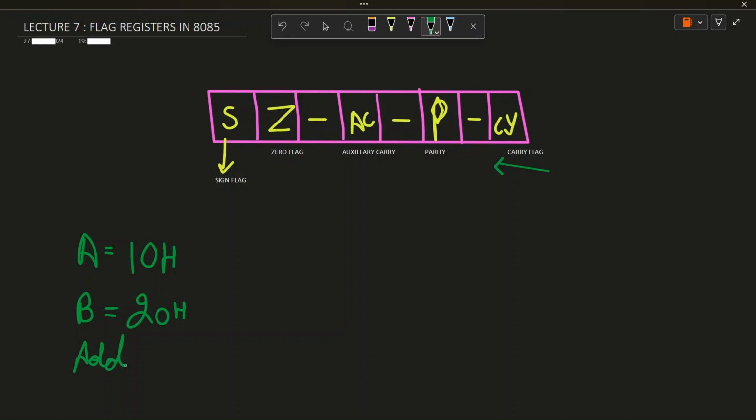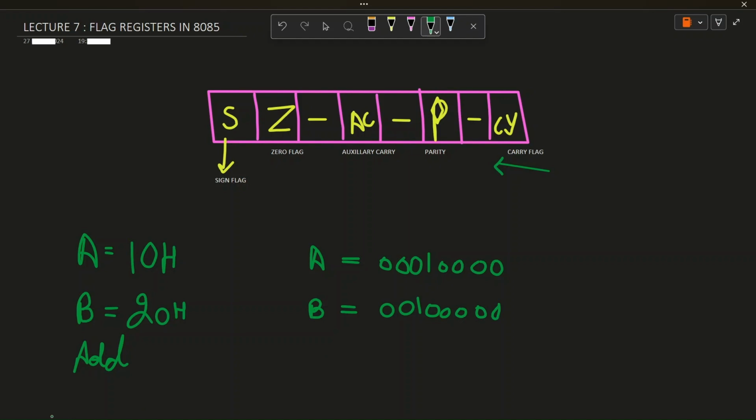Hence we need to add A and B. When we convert them into binary, A is 00010000. Then B is 20 hexadecimal, so in binary it would be 00100000.